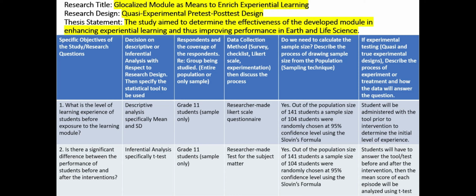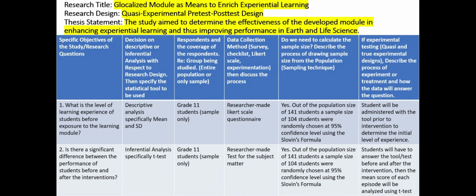And yeah, I will be calculating for the sample size. So out of the population size of 141 students, a sample size of 104 students were randomly chosen at 95% confidence level using the Slovin's formula. Since this is quasi-experimental, I will be answering the last column.